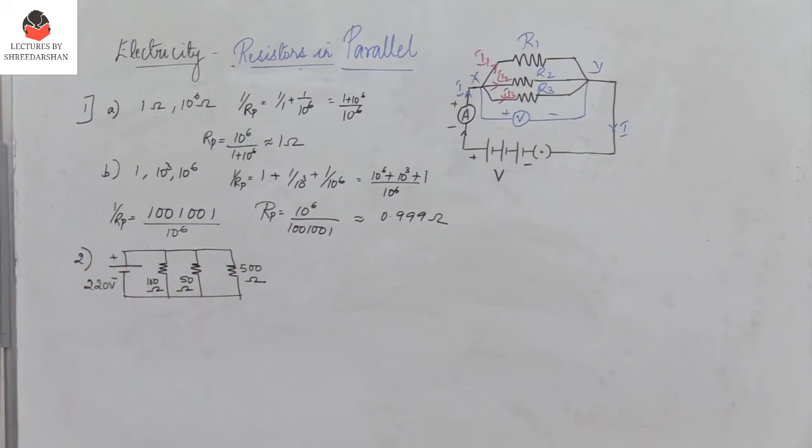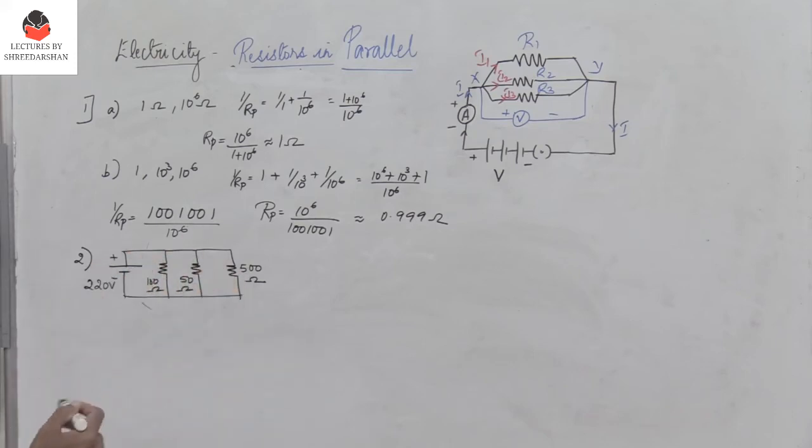What is the resistance of the electric iron connected to the same source, taking as much current as all three, and what is the current in the electric iron? So now the question is, what is the resistance of the electric iron connected to the same source, taking the same current?